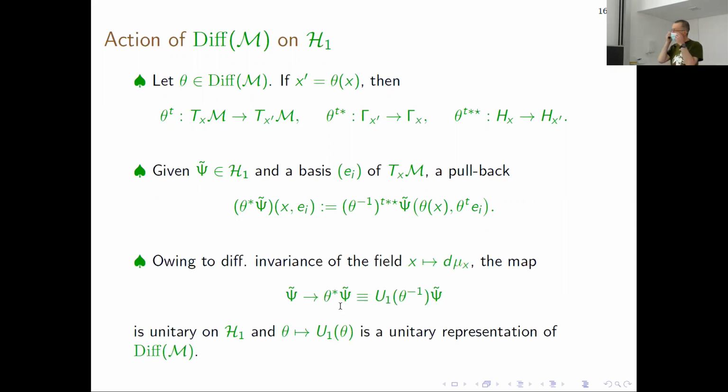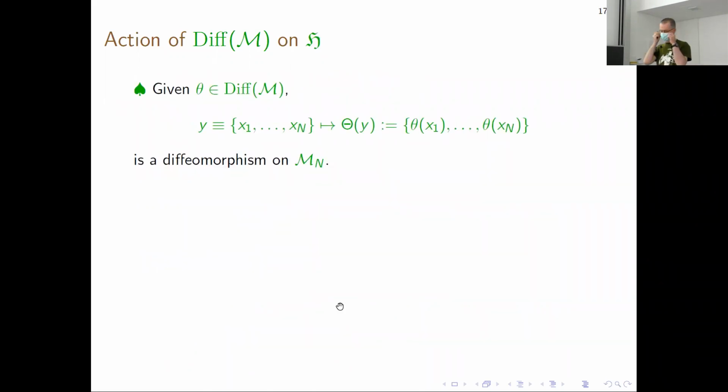And owing to the diffeomorphism invariance of this measure, it is possible to show that this pullback defines a unitary map on this Hilbert space, and this assignment, in fact, is a unitary representation of the group of diffeomorphisms. So this is how we can get such a representation on this Hilbert space H1. What about the other Hilbert spaces Hn?